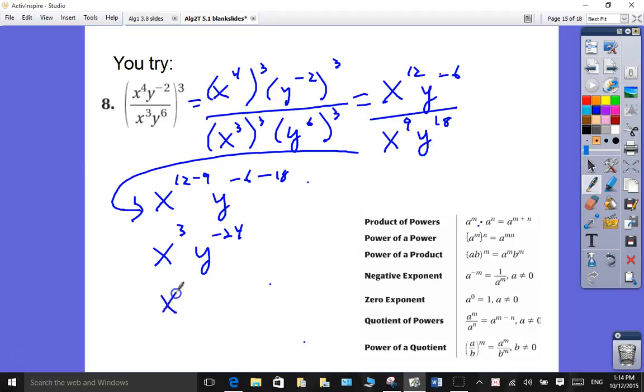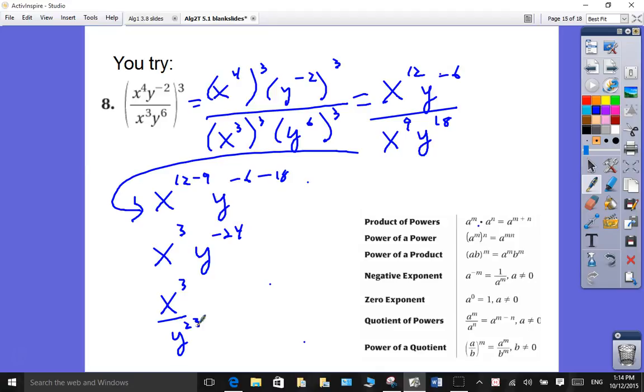X to the third divided by y to the 24th. Most of the time, if you do a lot of these, and you're looking at the y to the negative 6 over y to the 18th, you can see that if you subtract, you're going to have a negative exponent in the numerator, and then you're going to have to flip it to the denominator.